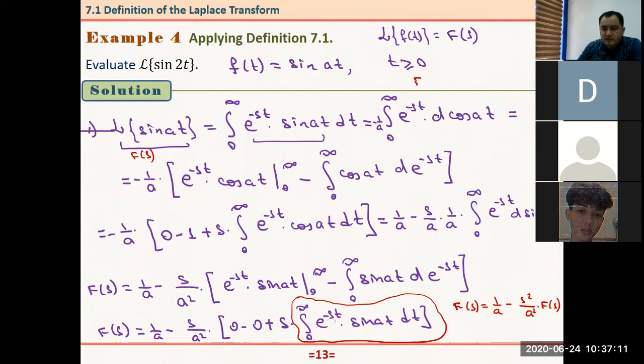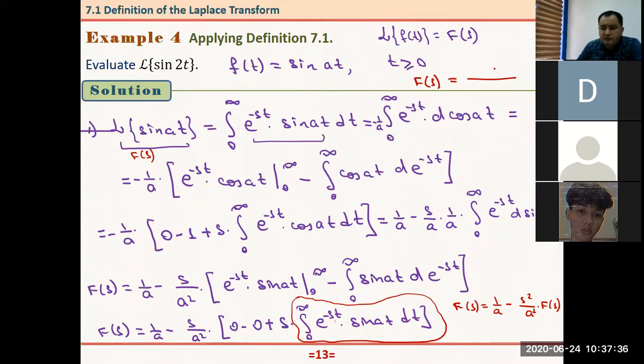Then here we get that F of s will be equal to, here we have, what we have here, a squared, right? A squared plus s squared, right? And here we have a.